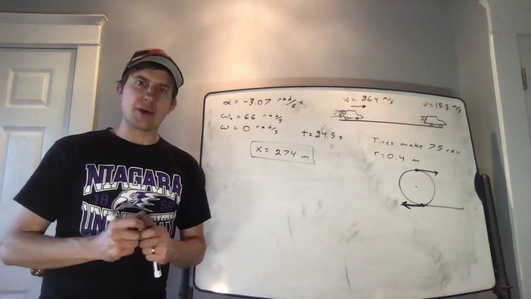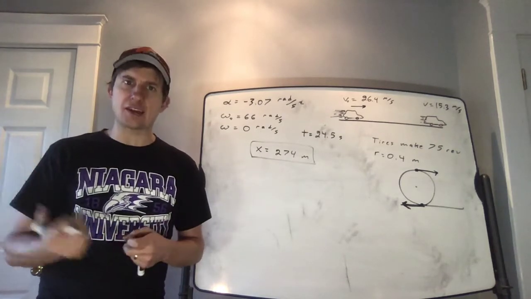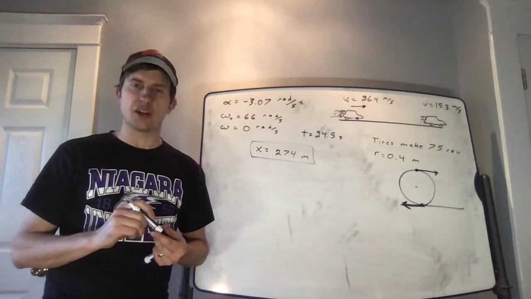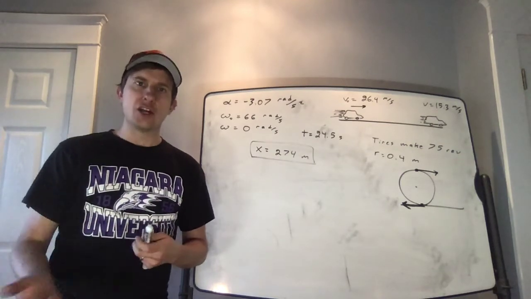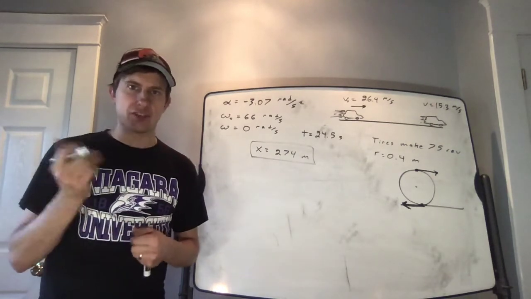Another way you could think about this is see if you could connect the tangential acceleration of a point on the edge of the wheel to the linear acceleration of the car.